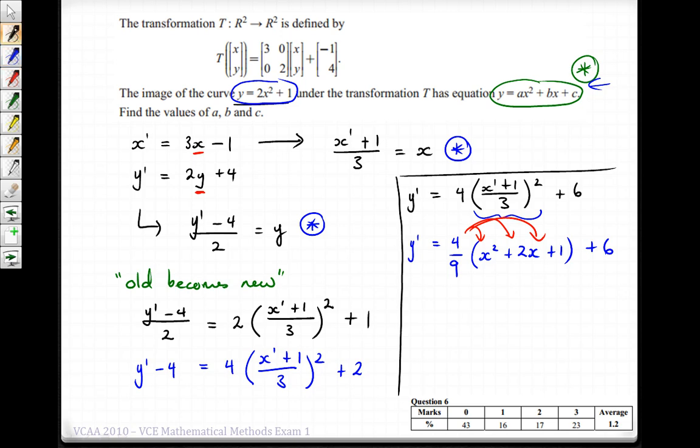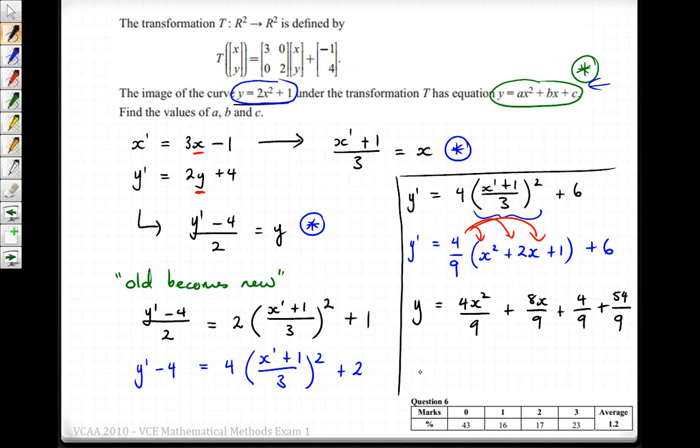So we're going to have y equals 4x squared on 9 plus 8x on 9 plus 4 on 9 plus 6, which I can rewrite as 54 on 9. Hopefully 54 divided by 9 gives me 6 in return. I think that looks okay.